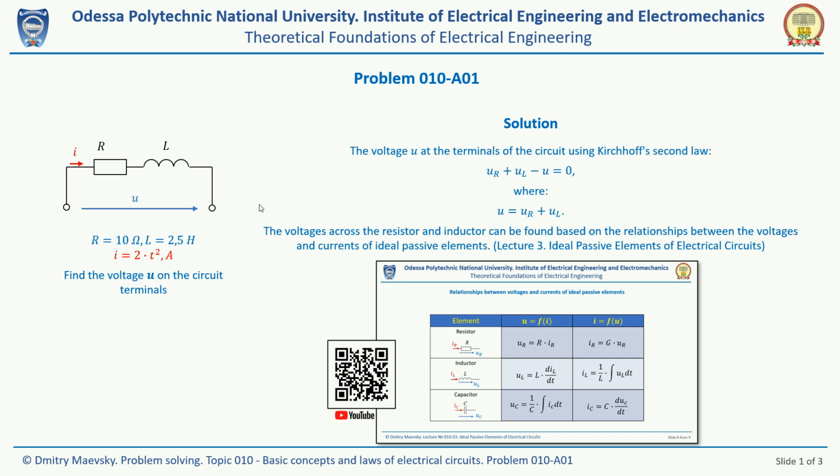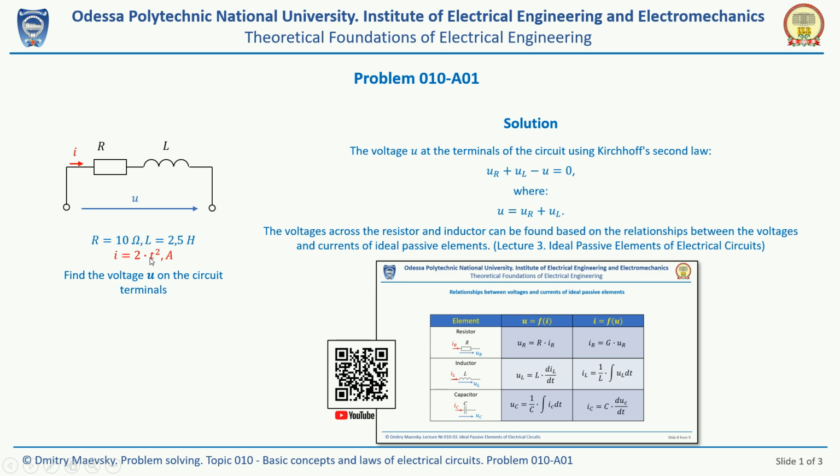In this problem, we have a series circuit with a resistor and an inductor. We know the current and it changes according to the law 2 times T squared.